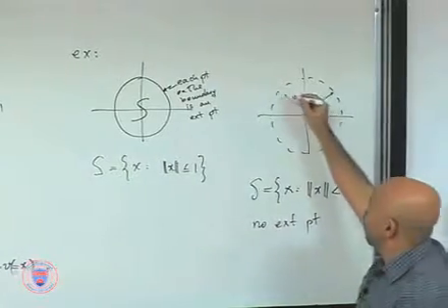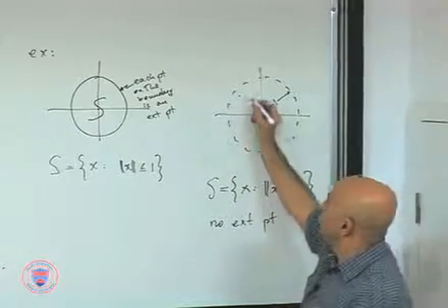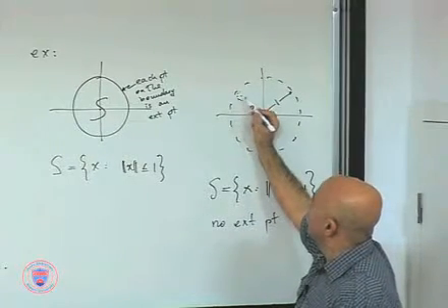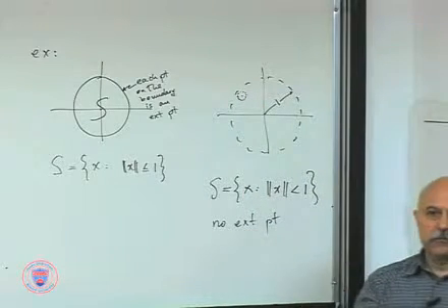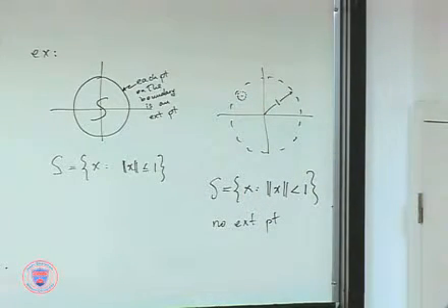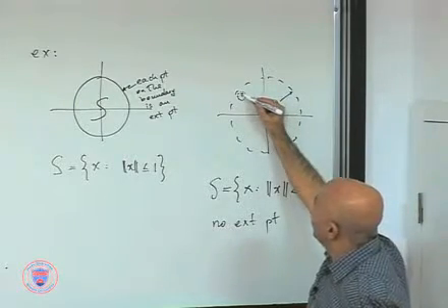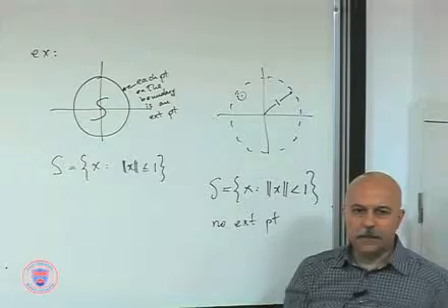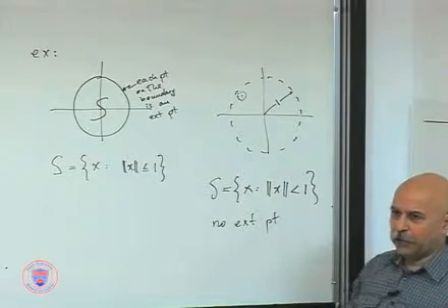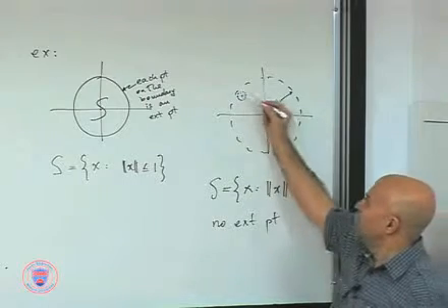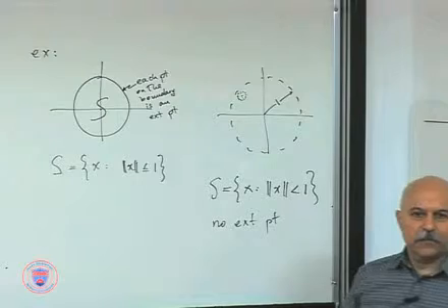Because regardless of which point you pick in the set, you will be able to form a little neighborhood around that point with small enough radius, and you will be able to pick 2 points in the ball or in the neighborhood around that point, and you will be able to express X as a strict convex combination of those 2 points.